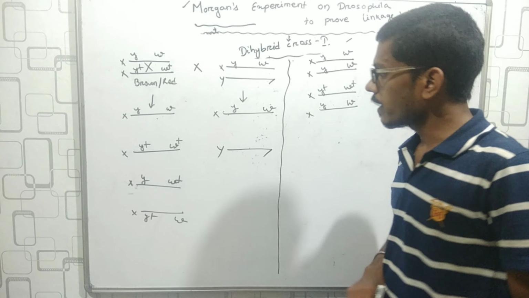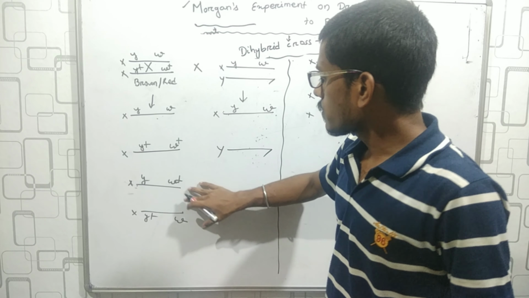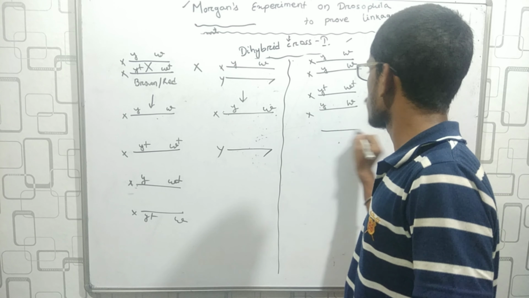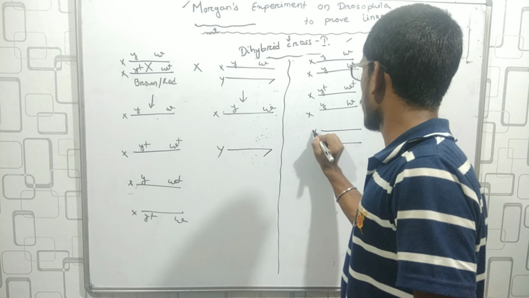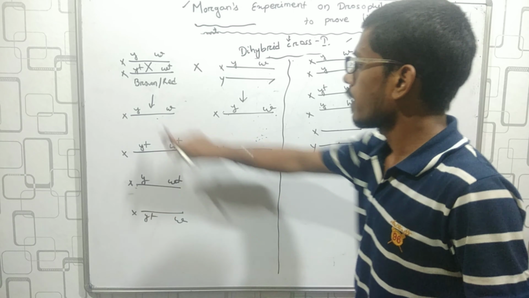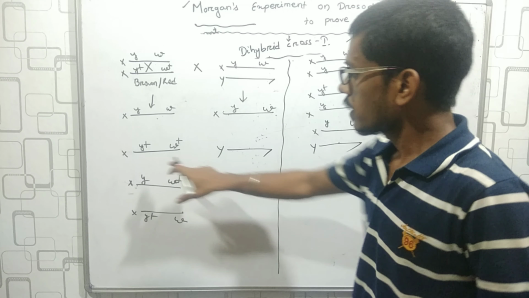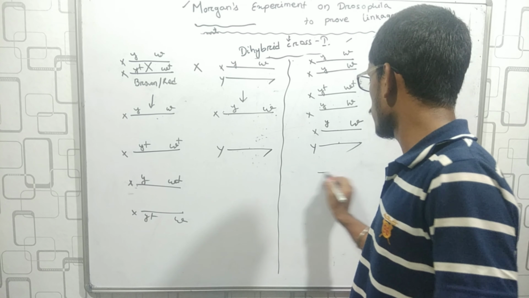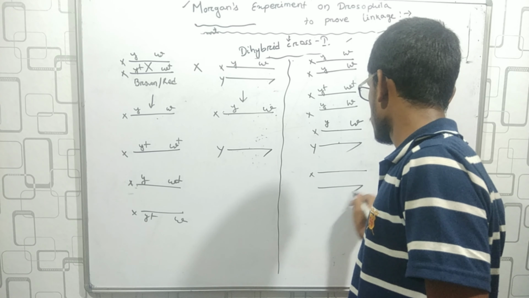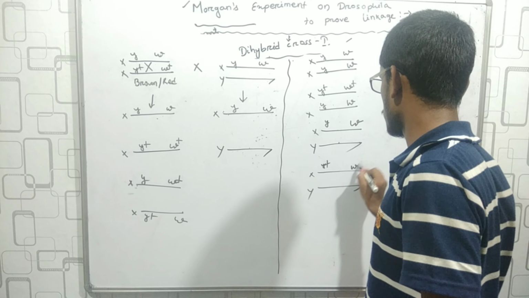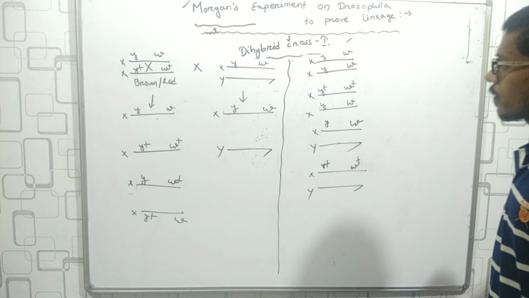Okay, and if it is crossed with this, then what will be the result? This is X, this is Y, and this will be small y, small w, and this is absent. If it is crossed with this, then what will be the result? X and Y, and here X, there is Y plus W plus. Okay.